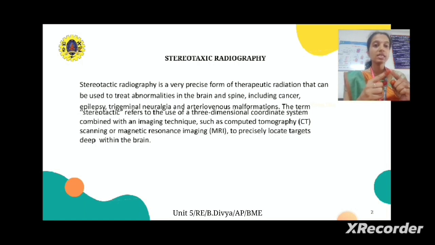The term stereotactic refers to the use of a three-dimensional coordinate system, measuring in all dimensions, combined with an imaging technique such as computed tomography or magnetic resonance scanning, that is CT and MRI, to precisely locate targets deep within the brain.